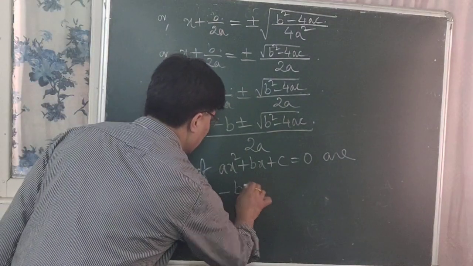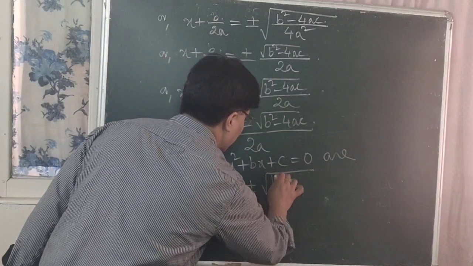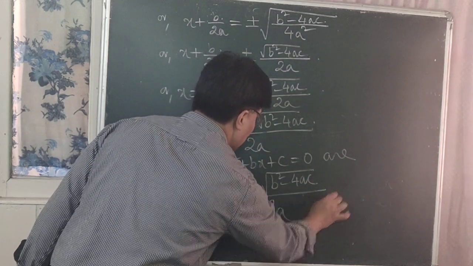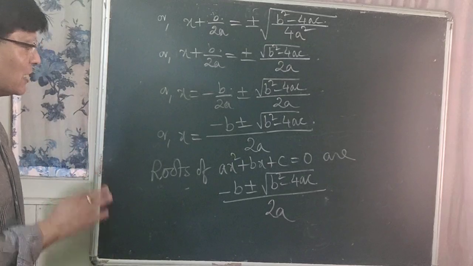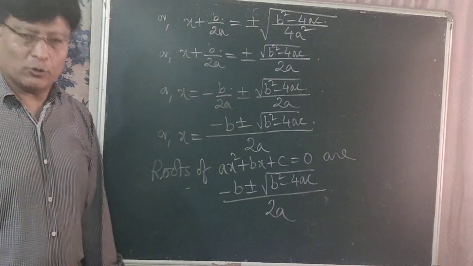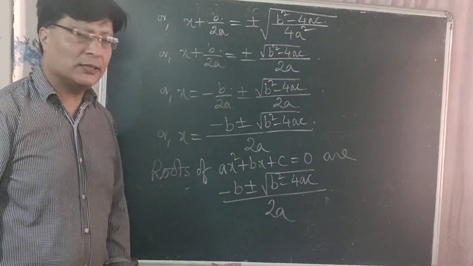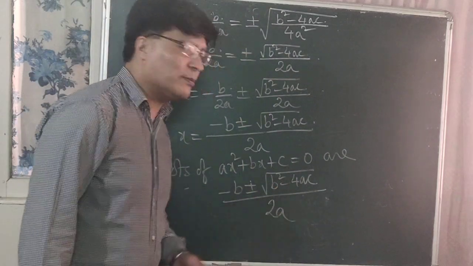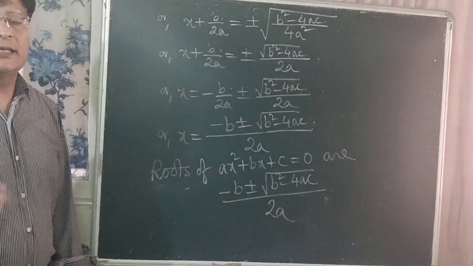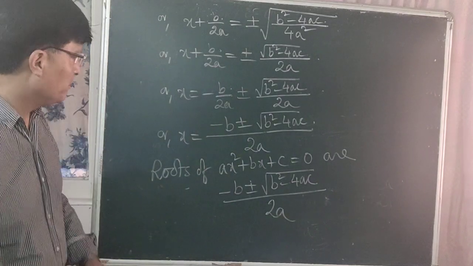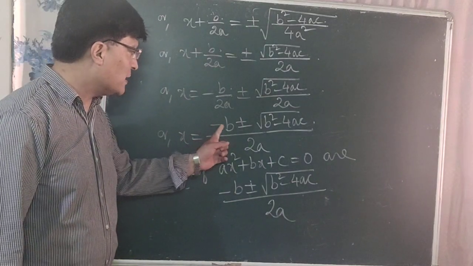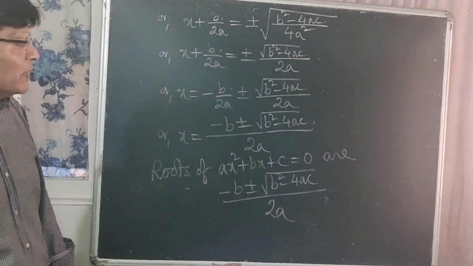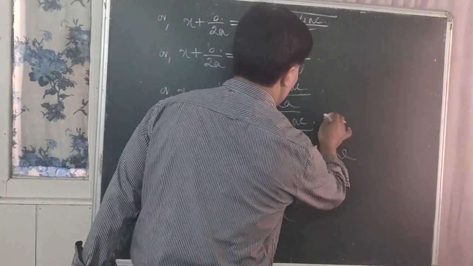So minus b plus minus root over b square minus 4ac, this whole divided by 2a. So these are the roots of the quadratic equation. This is known as Sailendra Pradhan's formula, that is x is equal to minus b plus minus root over b square minus 4ac whole divided by 2a.